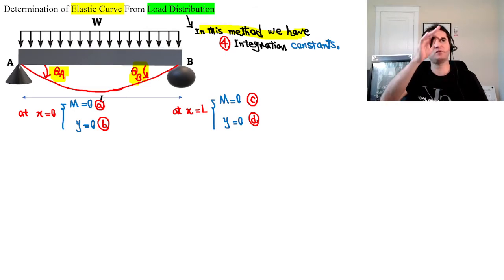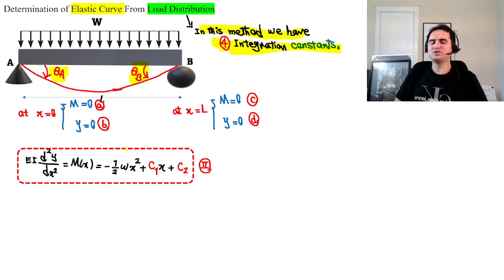So by four consecutive integrations, we can get from W, the load, to the elastic curve. Because we have four integrations, we have four integration constants, and for each constant we need a boundary condition, so four boundary conditions: A, B, C, D, as you can see here.